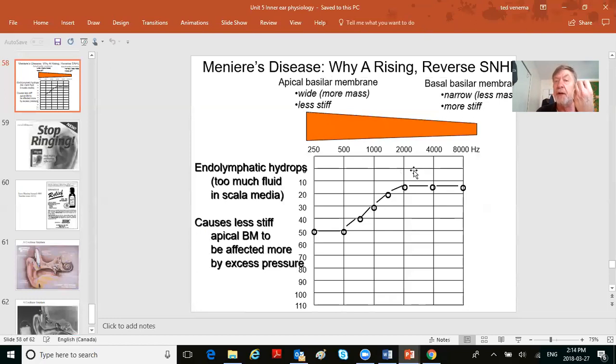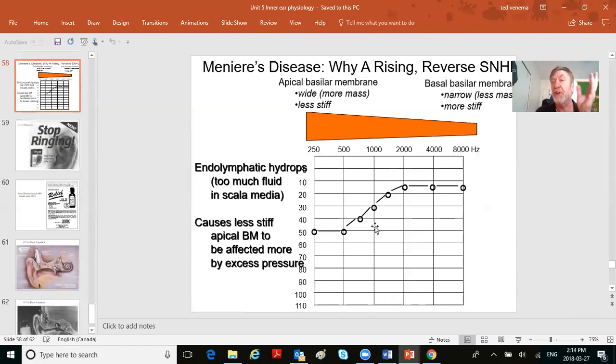And the hearing goes back to normal. And then a few weeks later, the person gets another attack. Oh, shoot. This time, when it passes, the person has a little bit of permanent low frequency loss. A few weeks later, he has another attack. And when it passes, he's left with a little bit more low frequency loss. And another attack, and he's left with a little more permanent low frequency loss.